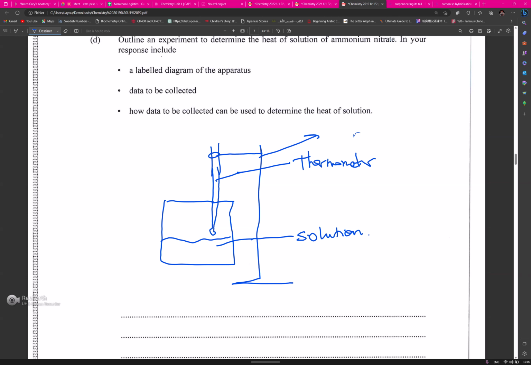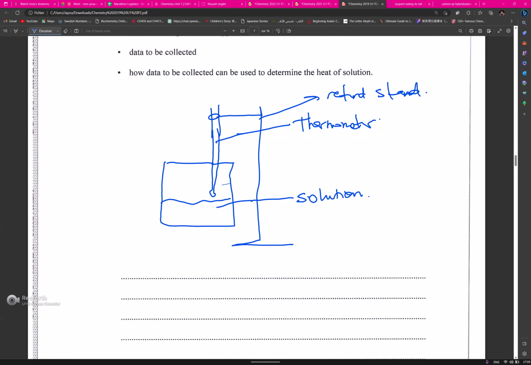And then this would be your clamp, your retort stand. So you would know how to do that. Oh, and then you have your styrofoam cup.